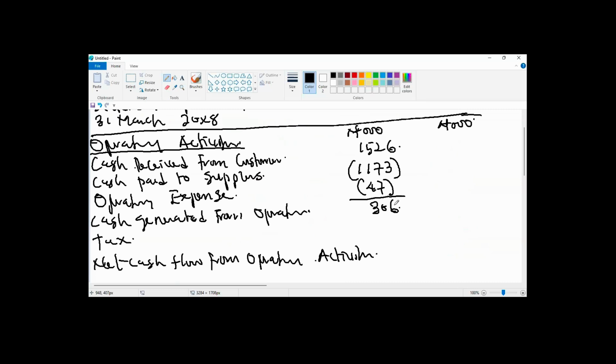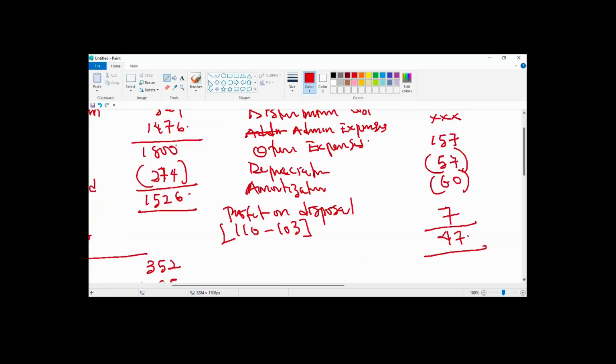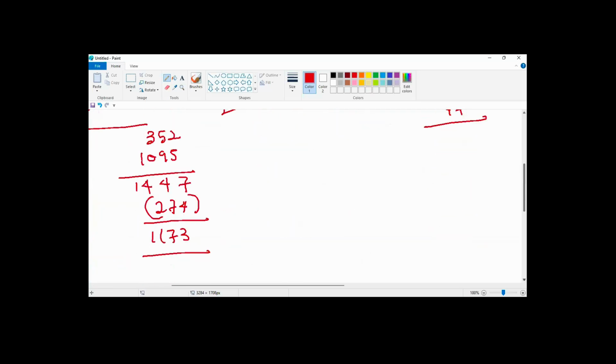I will now say tax. The same way we have been calculating tax. I will ask the question, does he have deferred tax? Yes. At the beginning, what is the deferred tax? 45.